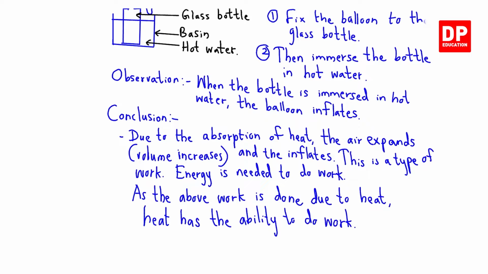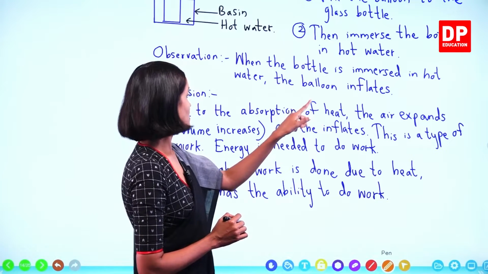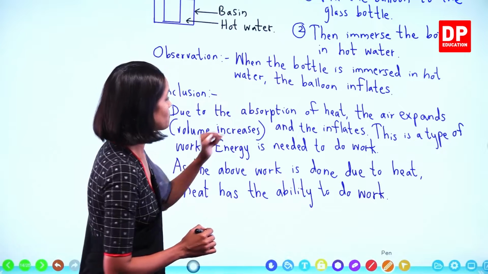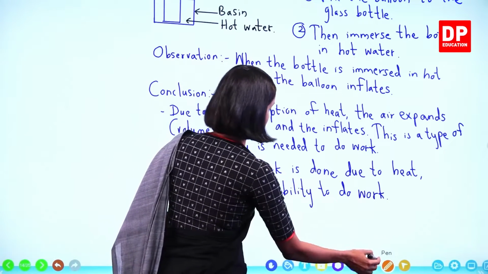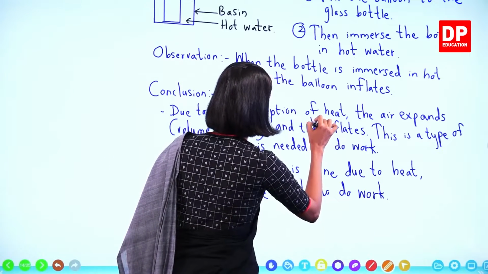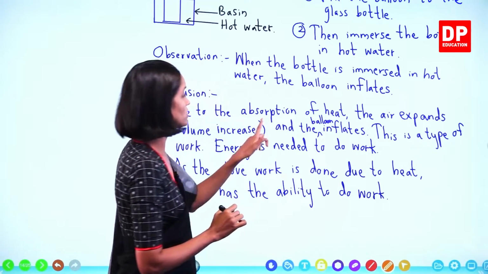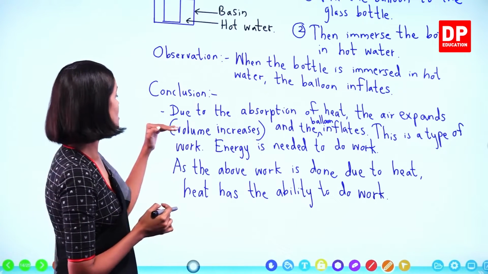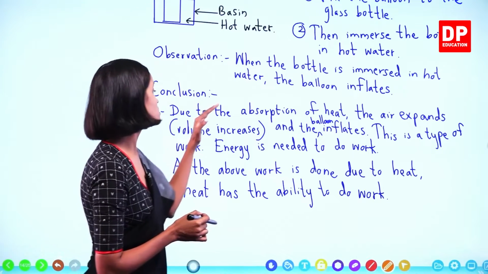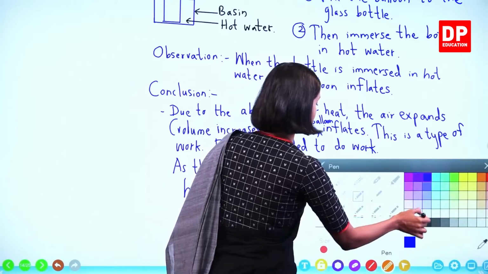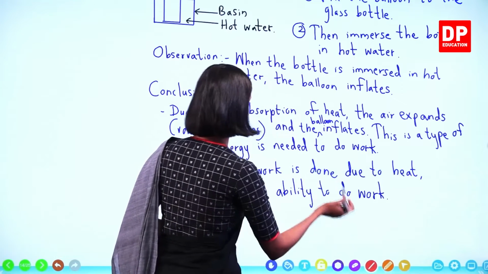Right. Okay. Conclusion. Due to the absorption of heat, the air expands, which means volume increases, and the balloon inflates. We have to write that. This is a type of work. Energy is needed to do work. We'll write this.